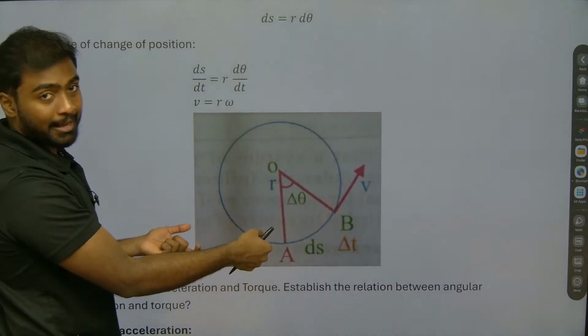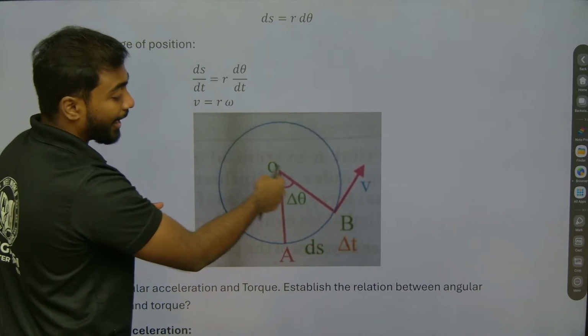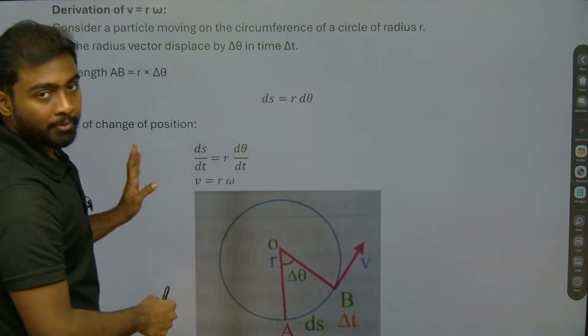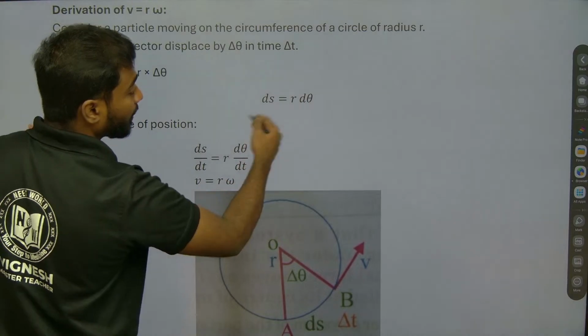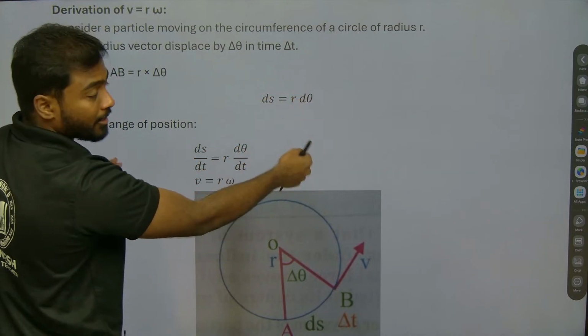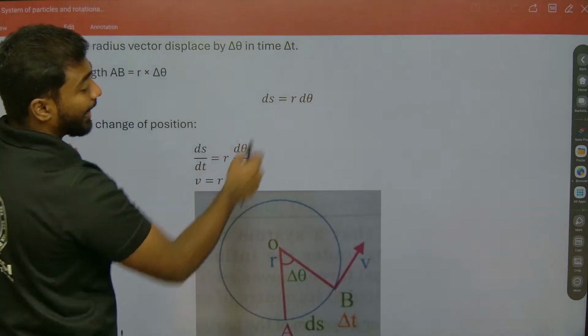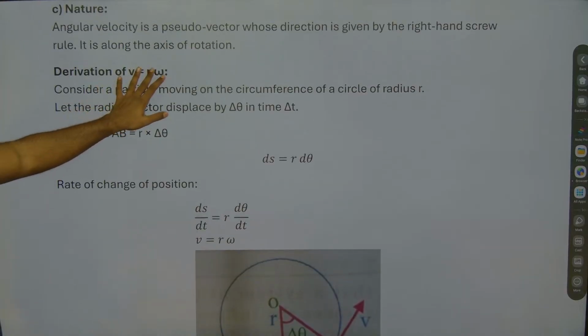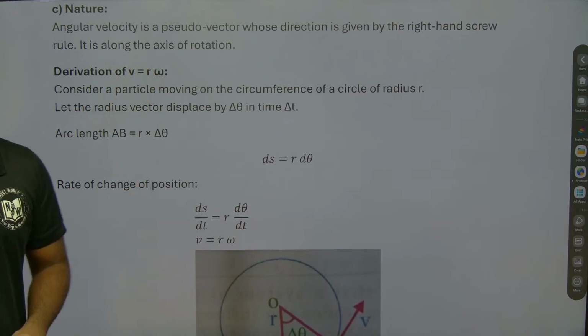How does the displacement happen? Because of the radius and the angular displacement. So ds will be equal to r into d theta. So when I differentiate both sides with respect to time, ds by dt and d theta by dt. So this is velocity and this is angular velocity, right? So v is equal to r omega. So this is how we got the derivation of v is equal to r omega, right?